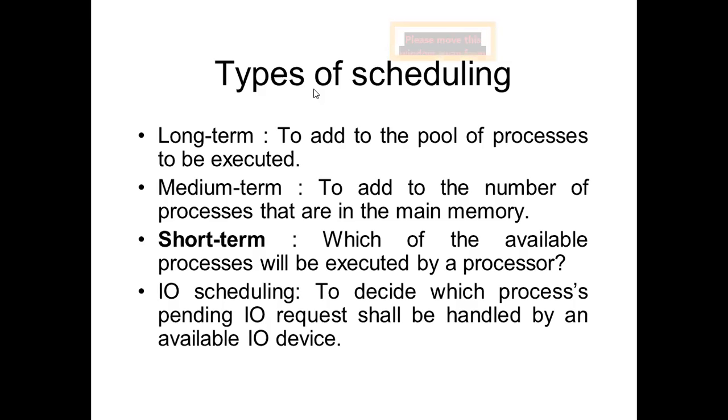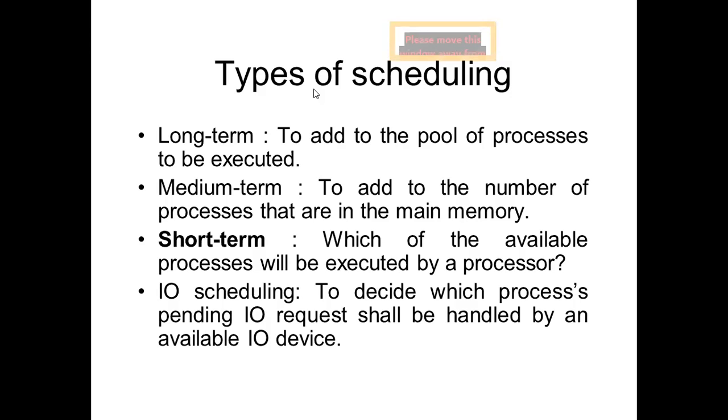So which IO device is available? Suppose you want to print your program. Then after execution, it will go to the IO device. Then this is called the IO scheduling.